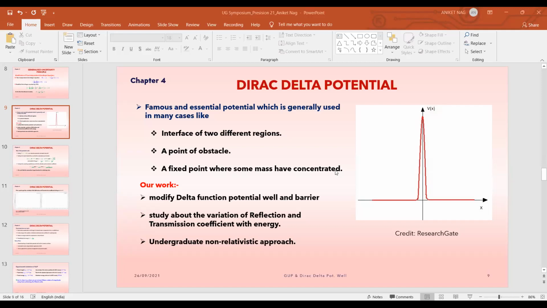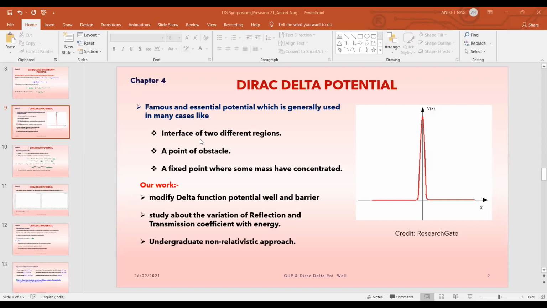Okay. The next question is, how do you modify the Schrödinger equation inside the black hole? Basically, here we consider the Planck scale. In Planck scale, we consider the black hole as a microscopic black hole. Microscopic black hole means we consider a simplified black hole, where the mass of the black hole is concentrated at a point, and the event horizon of the black hole is the radius of the black hole.